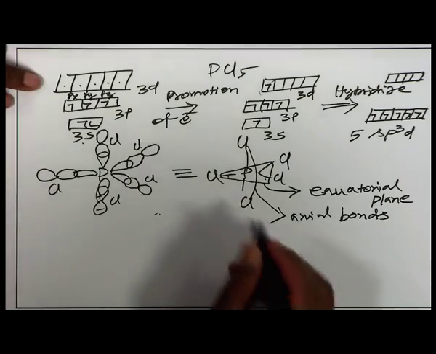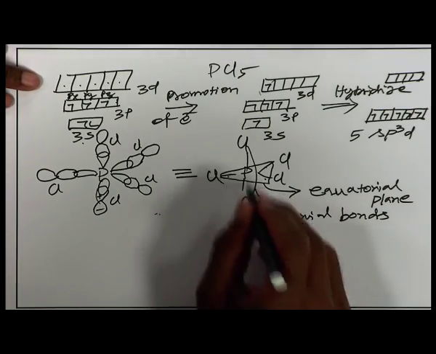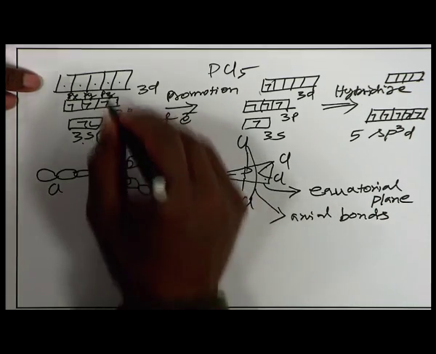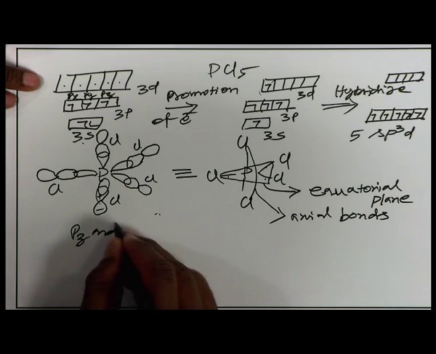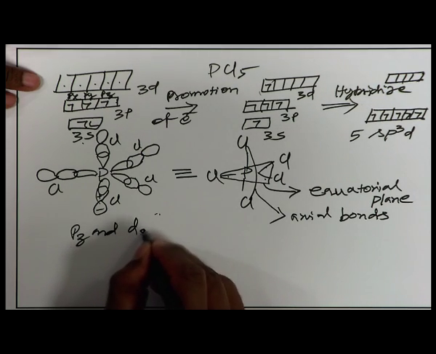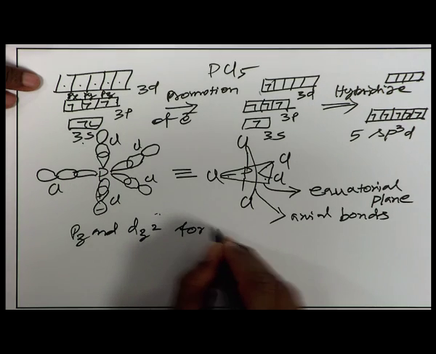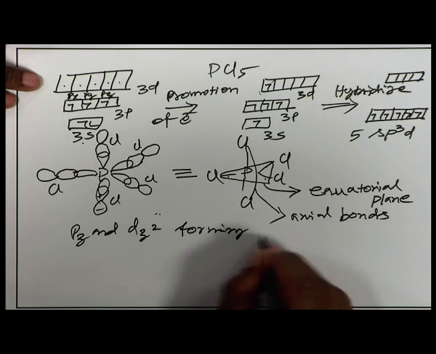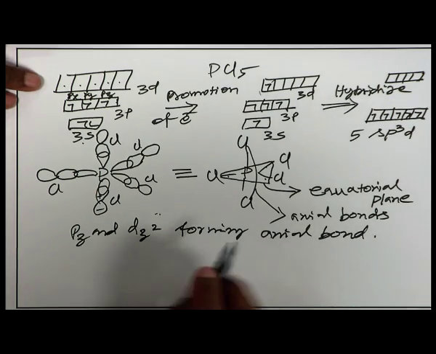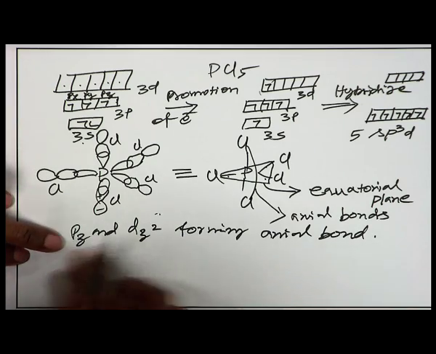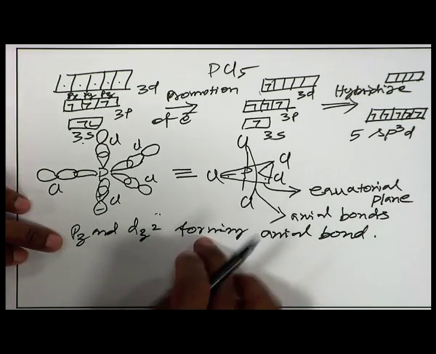To form an axial bond, phosphorus uses its pz orbital and the dz square orbital, because these two orbitals are oriented along the z axis.